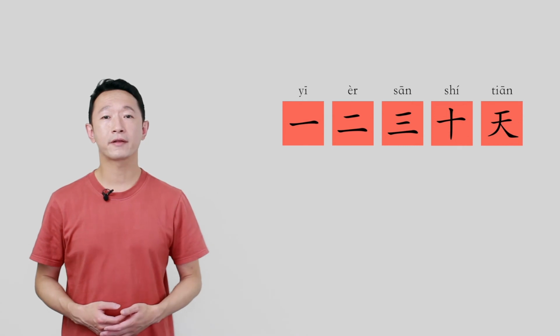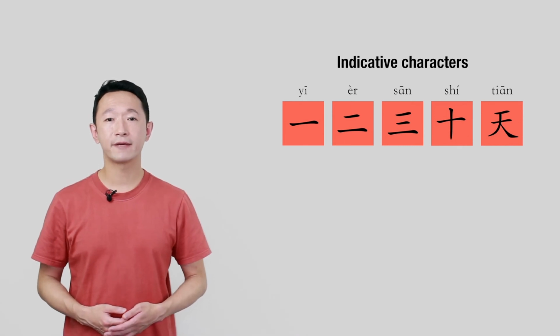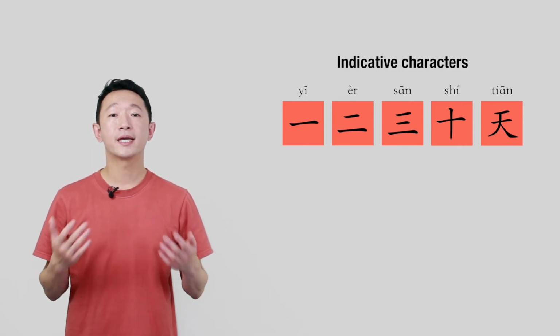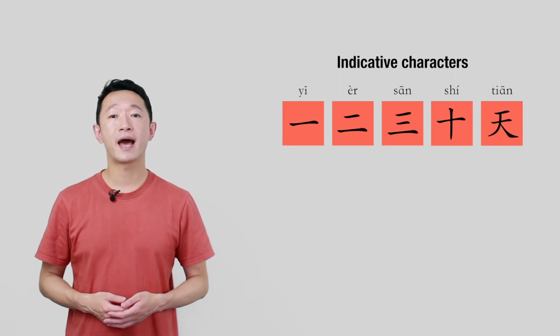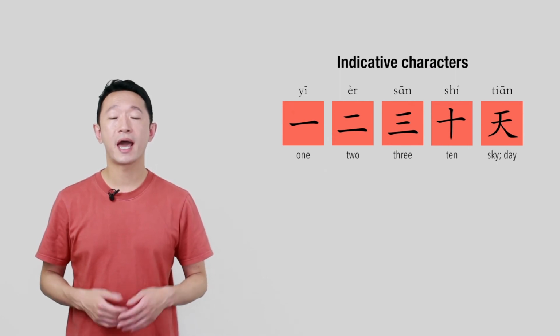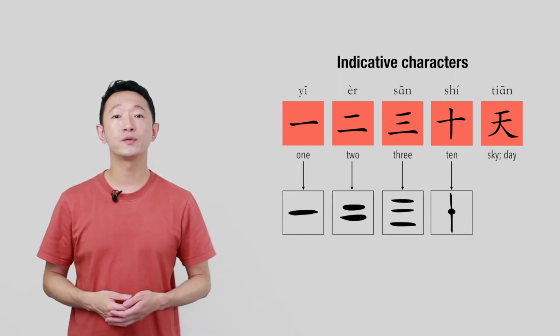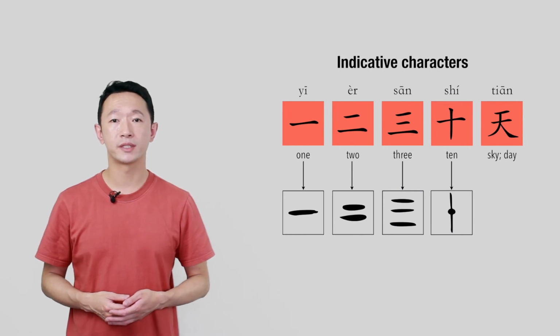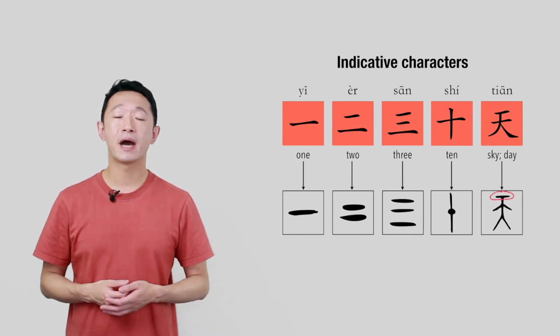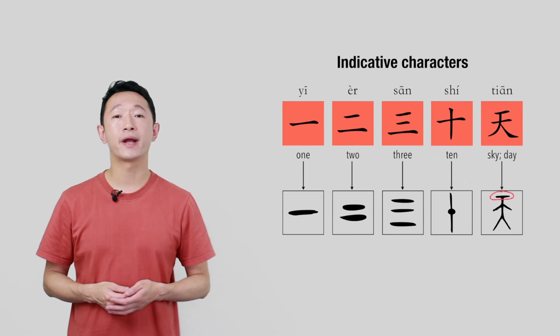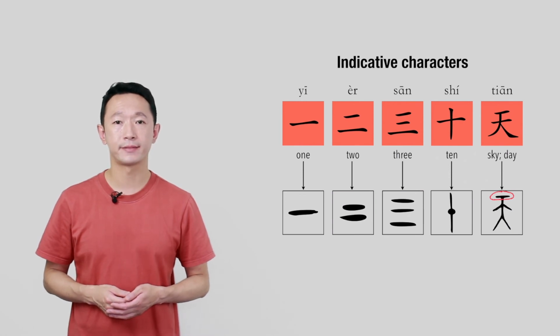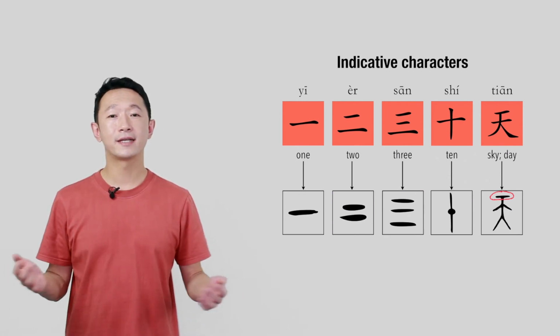These 5 characters are some of the indicative characters. Indicative characters usually have abstract meanings and were created by using some abstract symbols or by adding some abstract symbols to already existing characters. Now let's learn to write them.